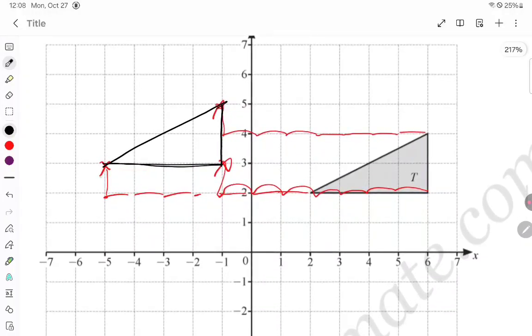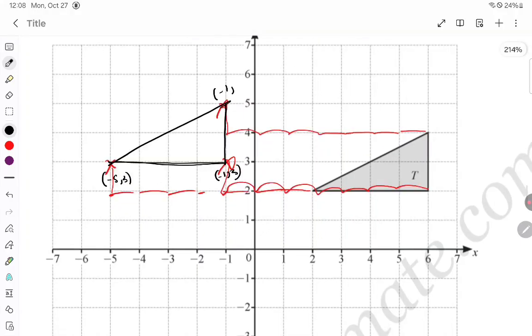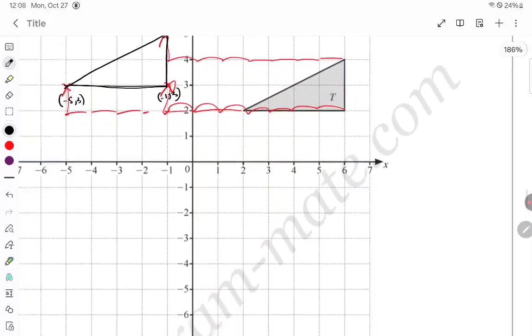Write the quadrants. -1, comma 3, -1, comma 5.